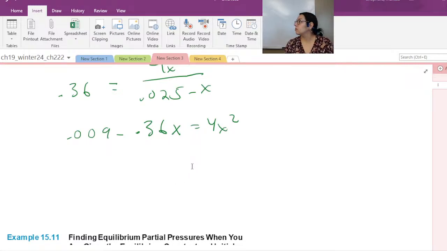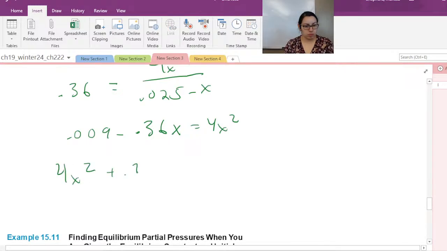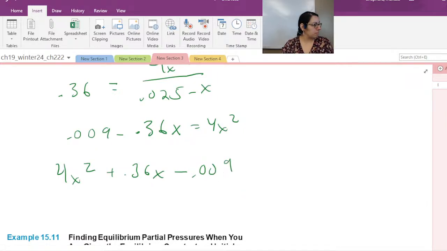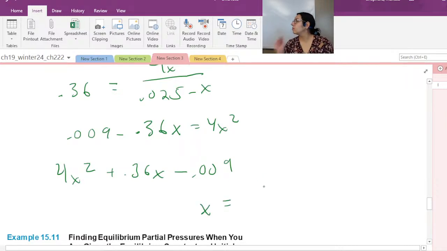And then we put this into the quadratic equation. We'll get two values, a positive and a negative value, and we'll probably have a negative concentration, just because that results in a negative concentration of our value. So in this case, it would be negative NO2 if we had a negative value.